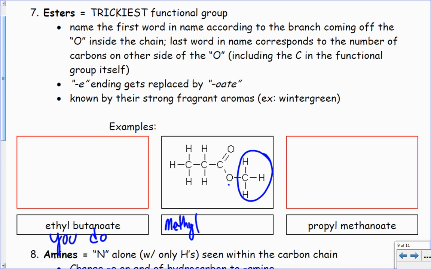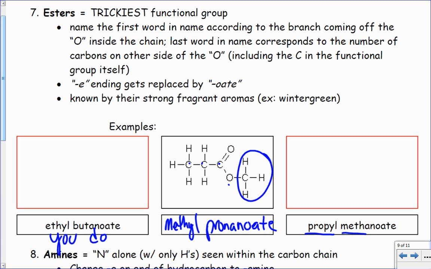And then I get the 3-carbon chain. 3-carbon chain is prop. And it's propane for 3. So it's propanoate. Methyl propanoate.